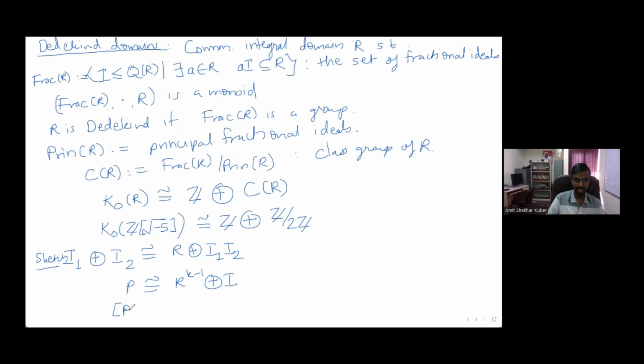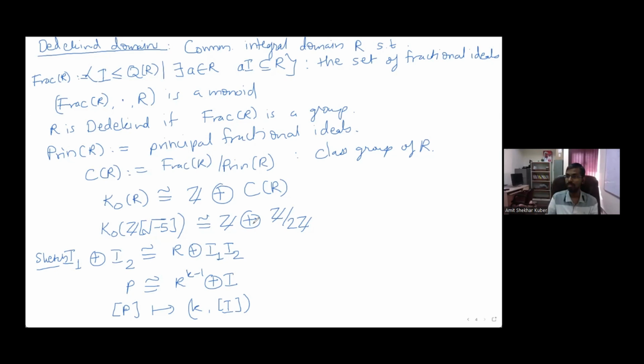And then you map the class of P to the invariant, the class of I inside the class group CR. Well, if you know a little bit of algebraic geometry, for an integral domain, the Zariski spectrum is connected, and therefore you can define the rank of every module.